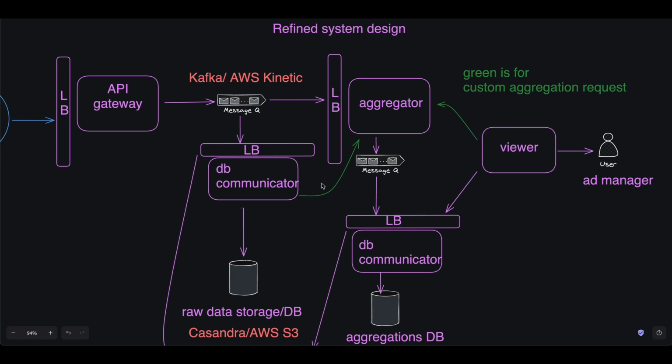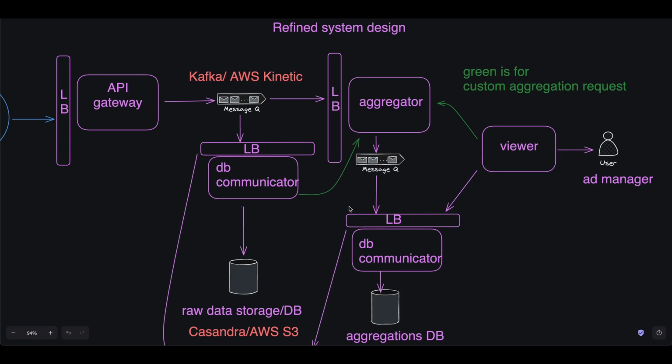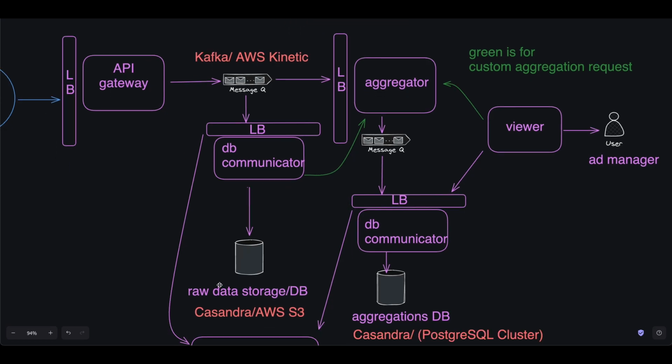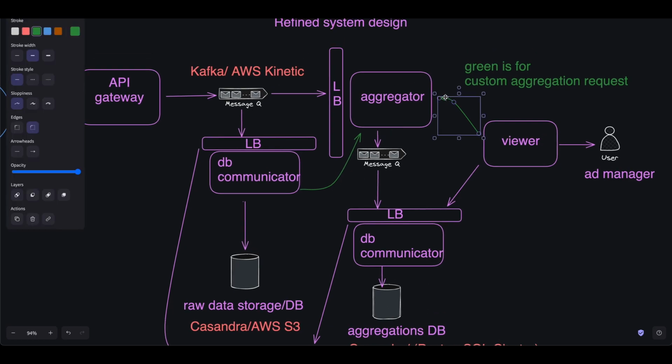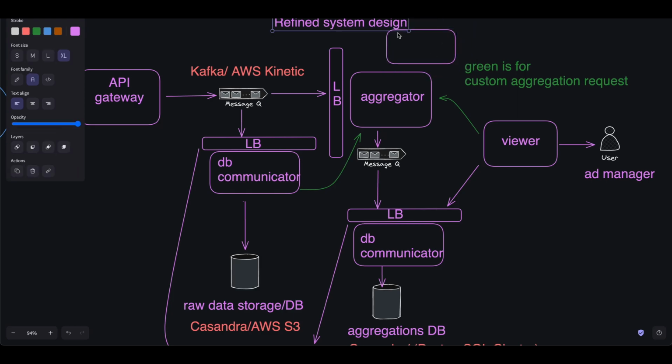Then aggregator would need to have a communication with database communicator and request some way of new aggregation that's going to be sent to aggregator, and then it can deliver it to aggregation database. Basically, you can have a separate aggregator, but generally it will be the same kind of internals, maybe with some custom updates.